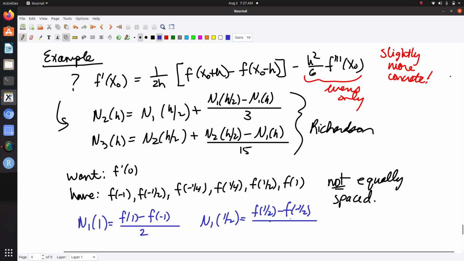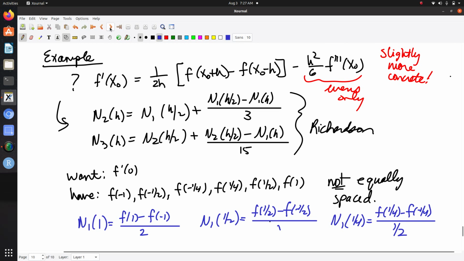No, we're going to divide by 1. And then n1 of 1/4 is f of 1/4 minus f of minus 1/4 and divide by 1/2. Okay? So then what are you going to do?